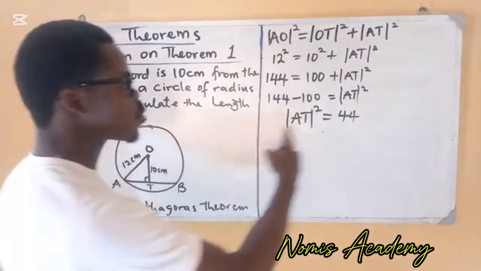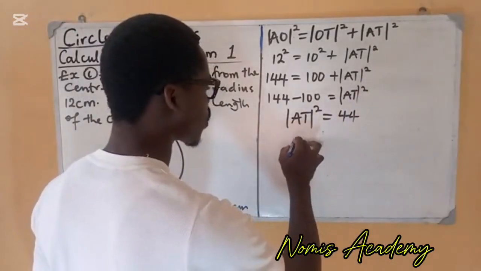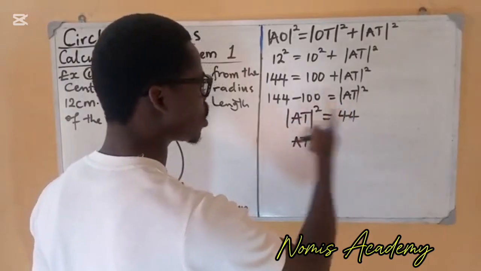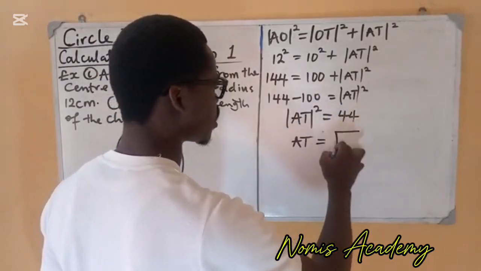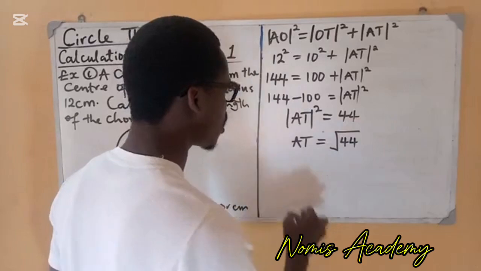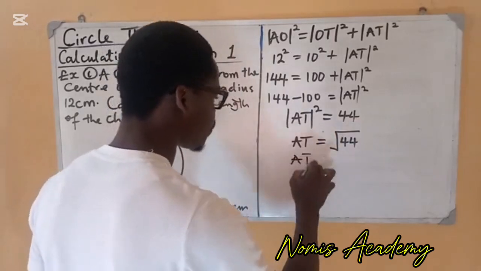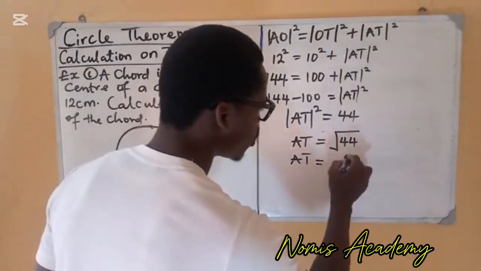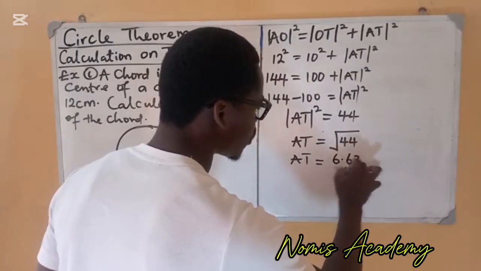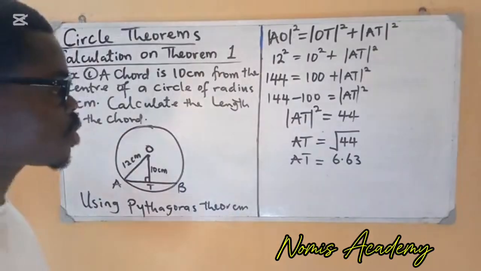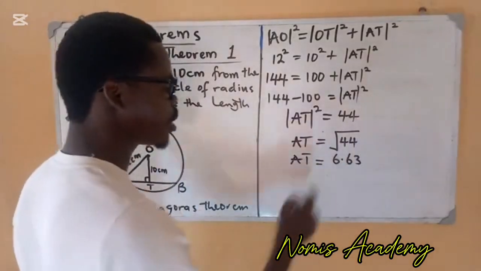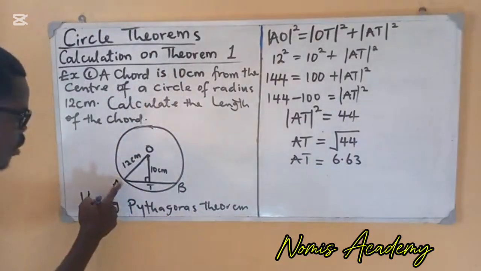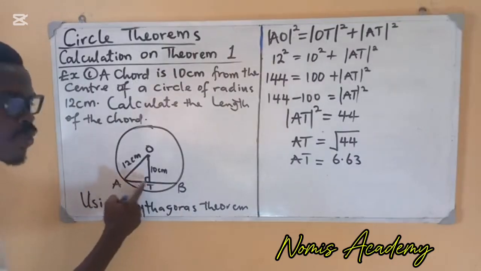Then when we take the square root of both sides, AT is equal to the square root of 44. You can punch your calculator, then you get 6.63. So that's the length of AT.